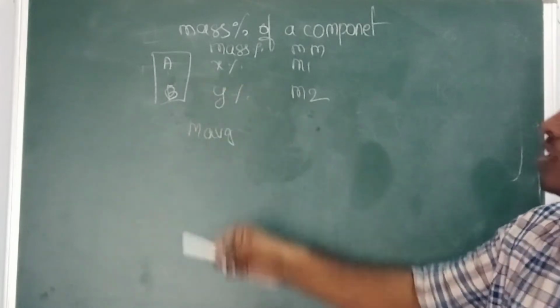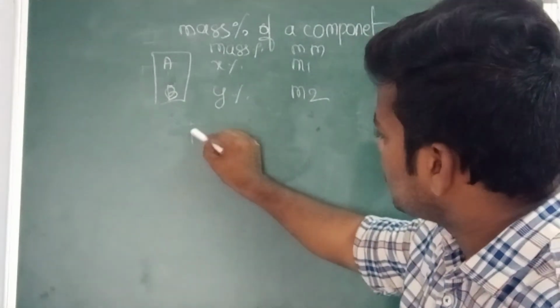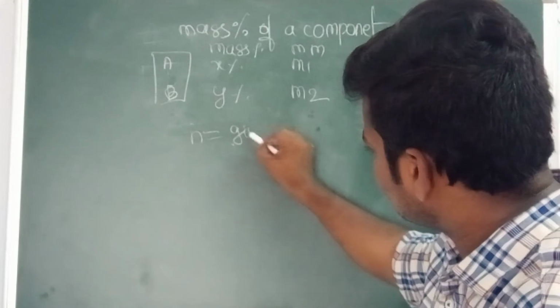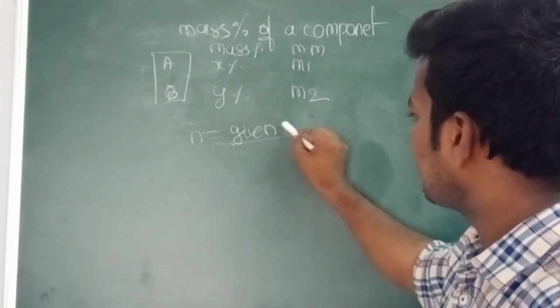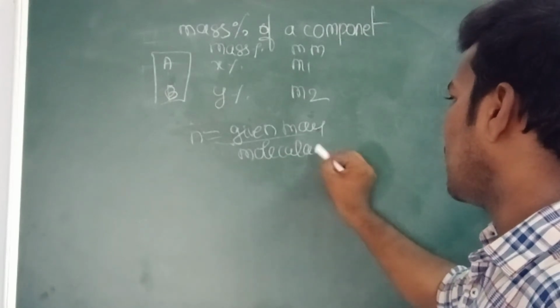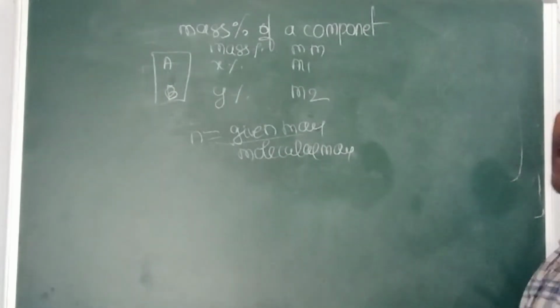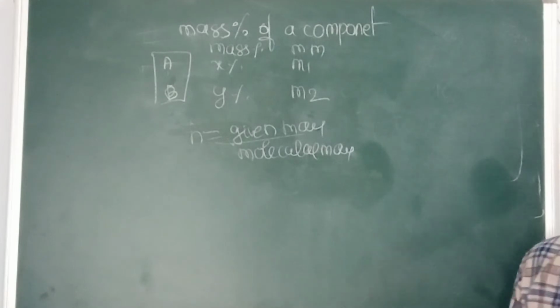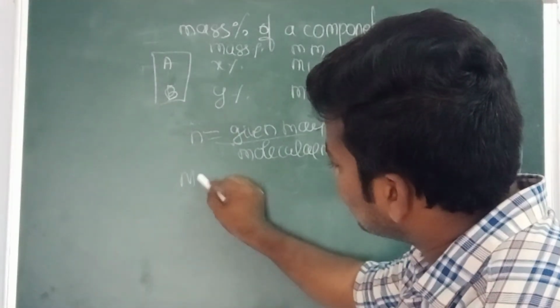So first of all, you know the given mass by molecular mass, and the number of moles we have to calculate. After that, how can we get the M average?